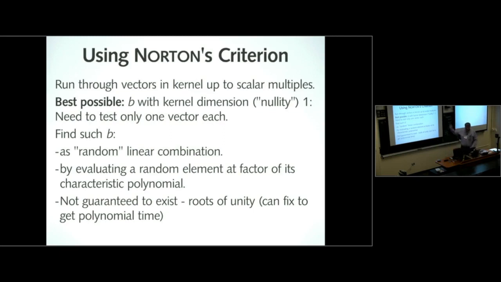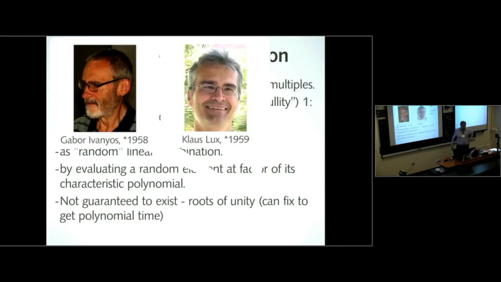So there is extra work, and this has been proven by Gabor Ivanyos and Klaus Lux. They have, with some additions which I'm not going to talk about here, but basically there are results which now say yes, that actually this meataxe approach gives us a polynomial time algorithm, polynomial in the size of the input.